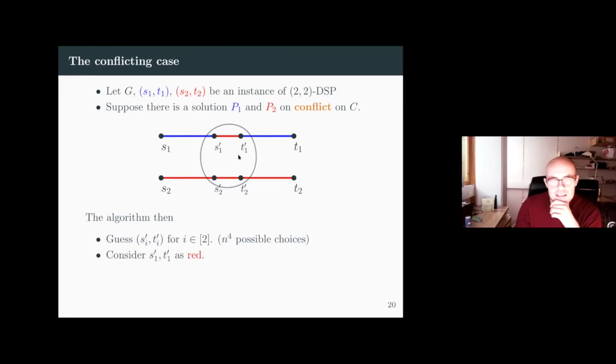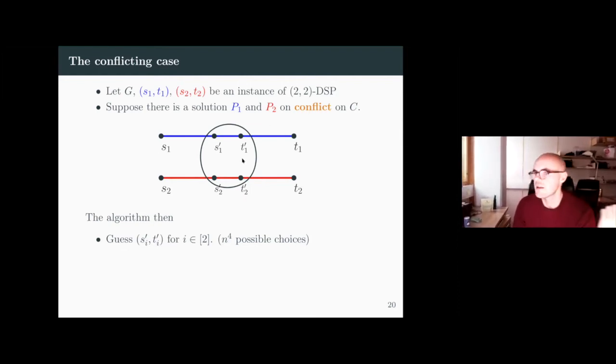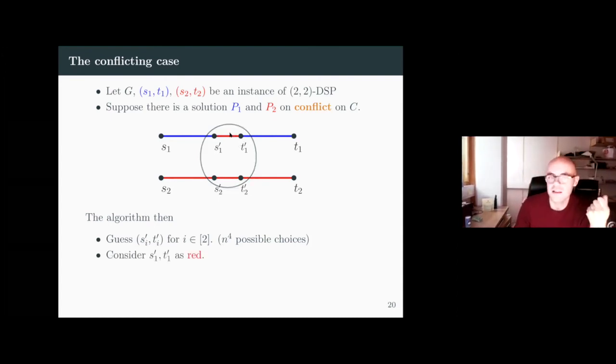Here the trick is to say that this is a blue-red component, so every edge is blue and red, and let's say it's G plus, so they have the same orientation in both colors. What it means is that this blue path is also a red path. The trick, which makes everything work, is to think that the path between S1 prime and T1 prime is red. If I guess these points correctly, I'm exactly in the setting I described before.